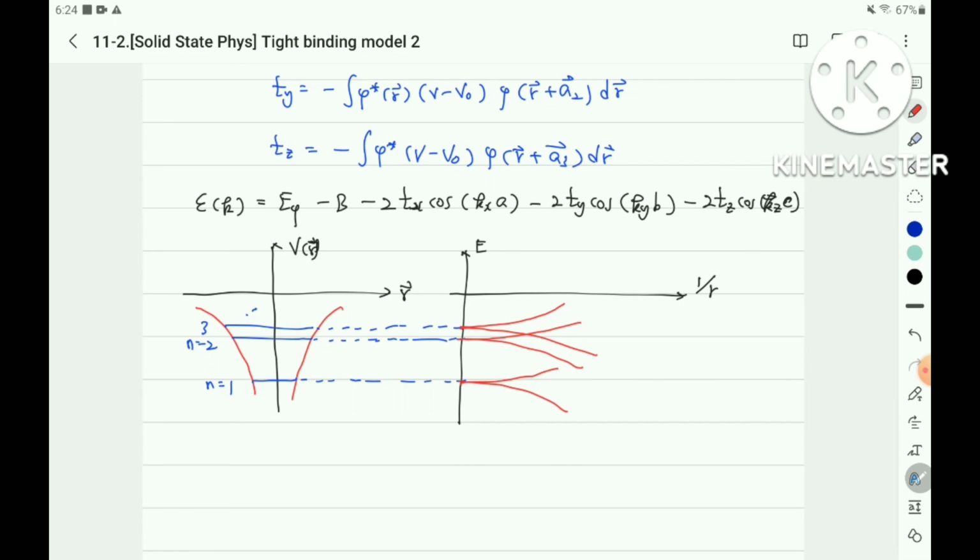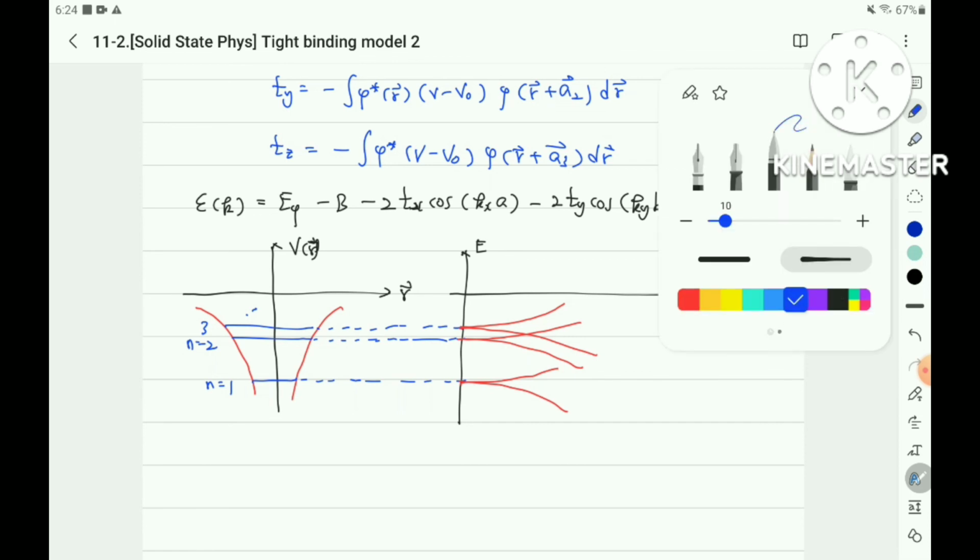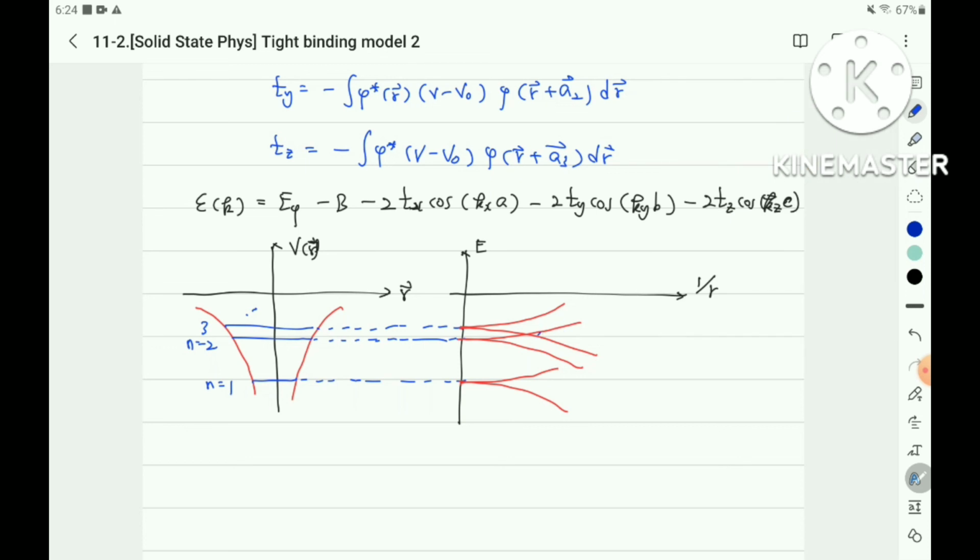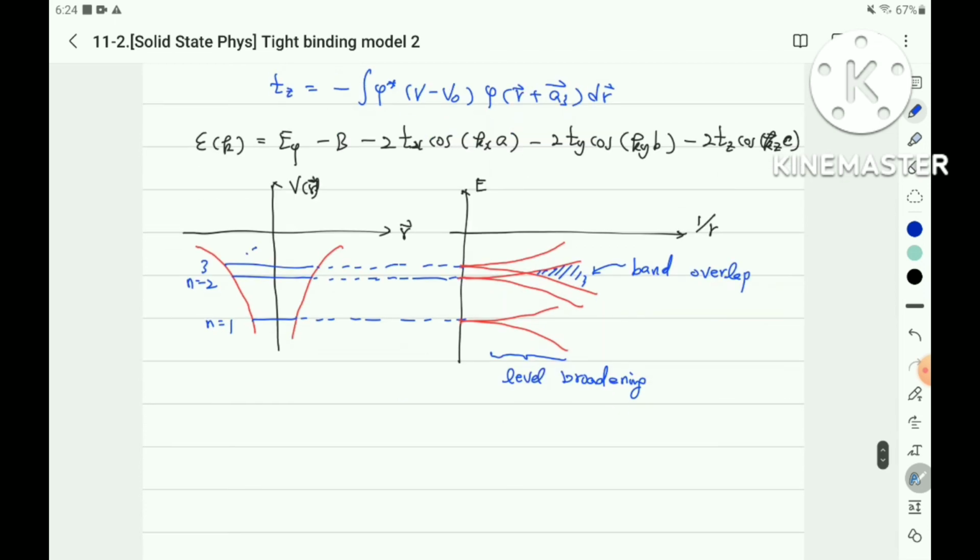Therefore, in this case, there is a band crossing, a band overlap region, and it is due to the level broadening. Level broadening comes from the nearest neighbor interaction, and it is one simple example of the tight binding model in the orthorhombic crystal structure.